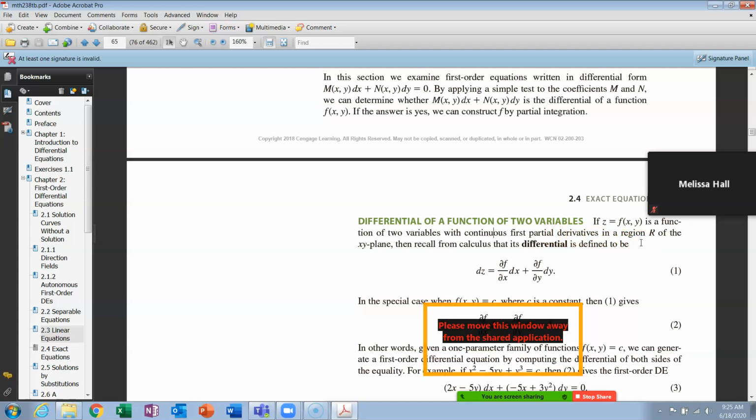Now, if you haven't had this in Cal 3 yet, let me just give you a description. When you're dealing with single variable calculus, y is a function of x. Your domain is the x-axis. Your range is somewhere on the y-axis because you have one independent variable, x or t or whatever it is, that's usually described on the horizontal axis.